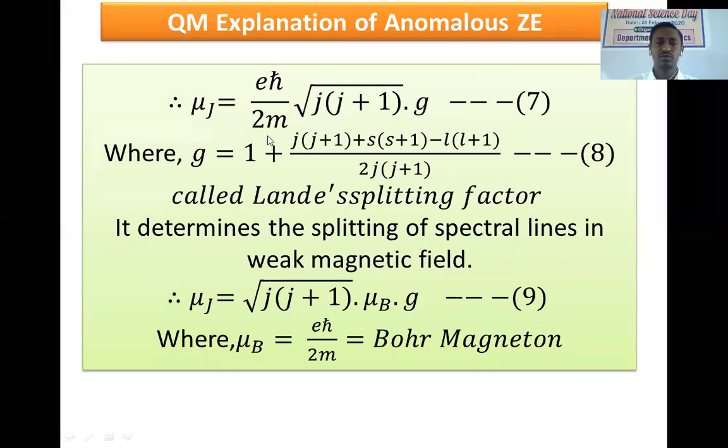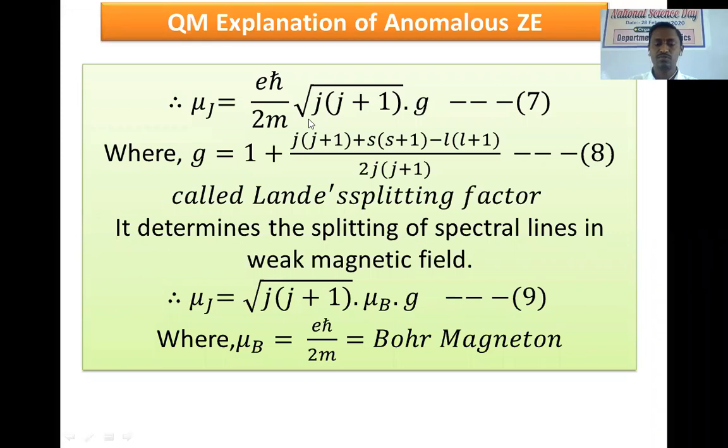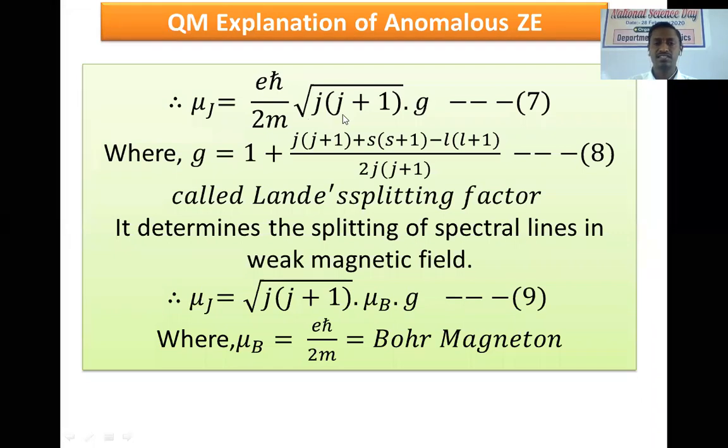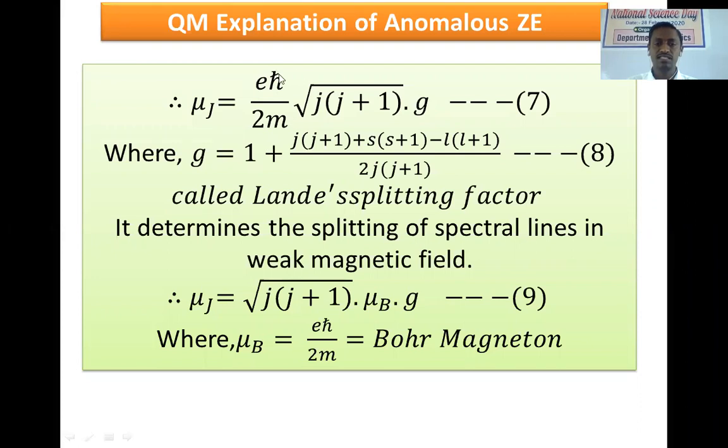eħ/2m under root of j(j+1) into g. But eħ/2m is known as Bohr magneton. We have used this expression in the previous article, that eħ/2m is called Bohr magneton, denoted by μ_B, and it is the smallest unit for measuring the magnetic moment of an atom.